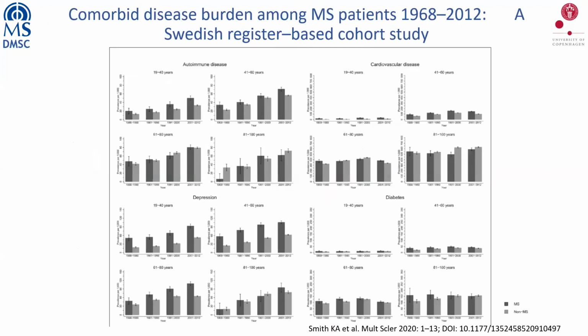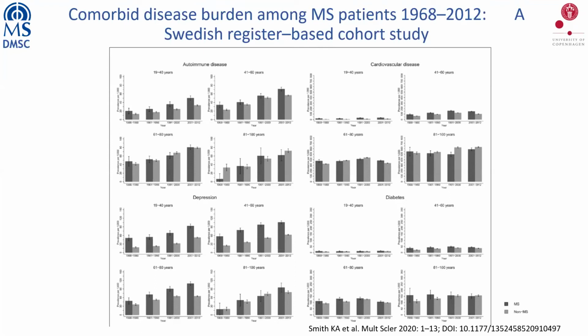This shows a study of comorbidities from the Swedish register in patients diagnosed in 1968 to 2012. And you can see from the upper left that autoimmune diseases are more frequent in MS patients than non-MS patients in the younger age groups up to 60 years.